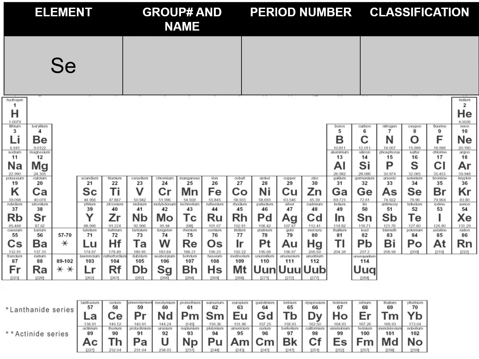Now, next. SE. Ayan. So, nasan si SE? Hanapin natin muna sa periodic table si SE. Ito si SE. Okay? So, lagyan natin ng numbers. So, we have here group 1, group 2, 3, 4, 5, 6, 7, 8, 9, 10, 11, 12, 13, 14, 15, 16, 17, 18. So, ano ang group number niya?